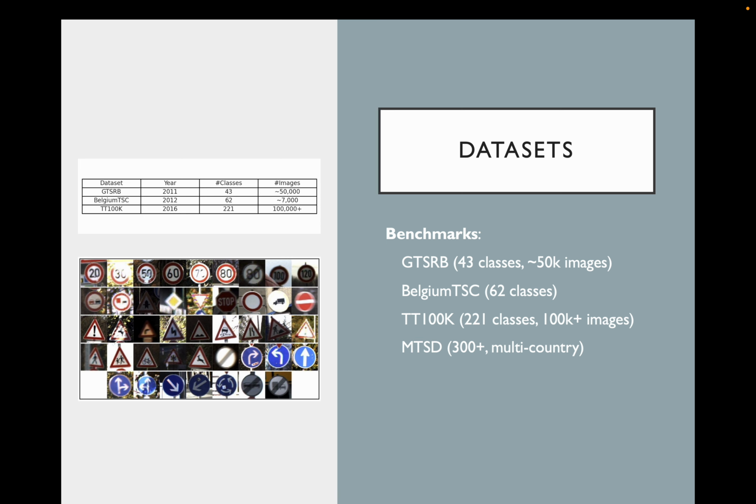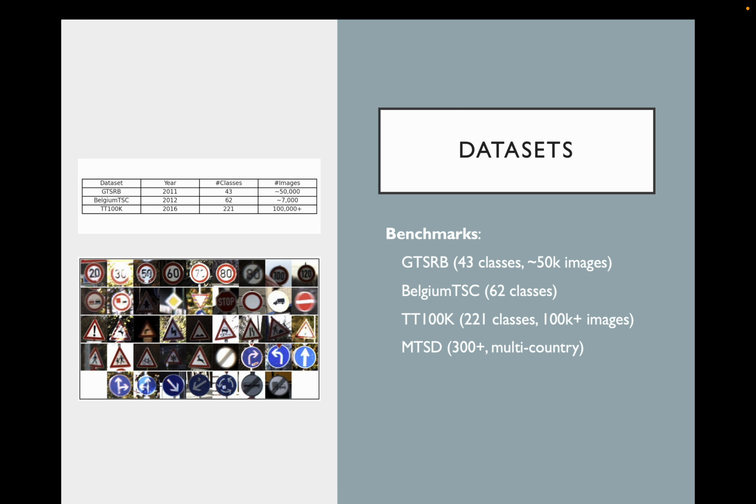Datasets are really essential for training and evaluation. GTSRB is the most widely used for classification, with 43 classes and 50,000 images. BelgiumTSC has around 62 classes, and it's pretty large scale as well.